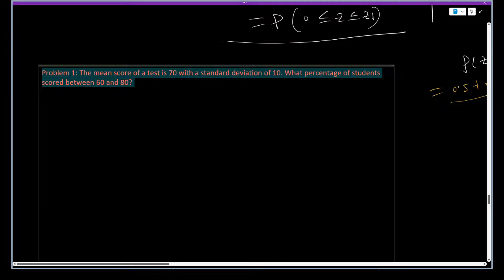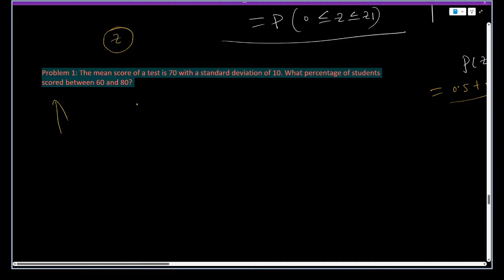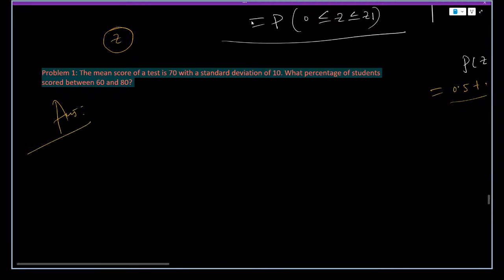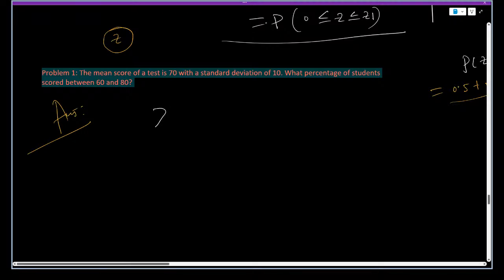We will go back to the value of Z because the table is given in terms of the standardized value of Z. So for answering this question, we need to use Z = (x - μ)/σ. The mean is given as 70, so (x - 70)/10, isn't it?